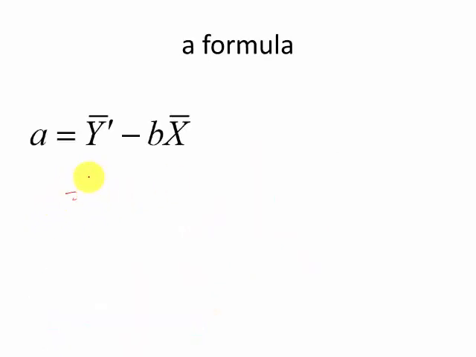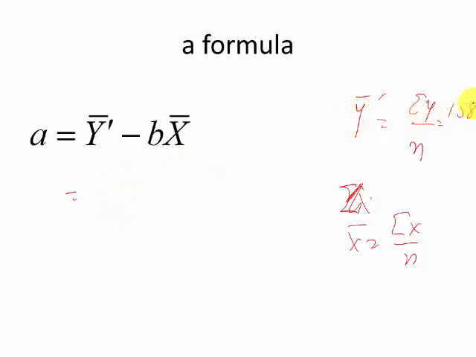Now we will use this. y bar is sum of y dash over n, and x bar is sum of x over n. So y bar is 1.58 divided by 6, and x bar is 39 divided by 6, and I put in the same values here.